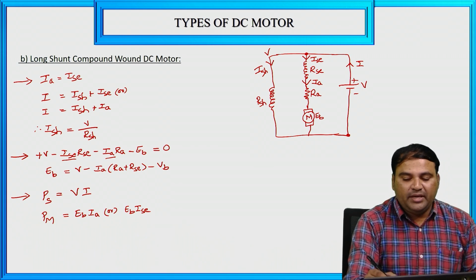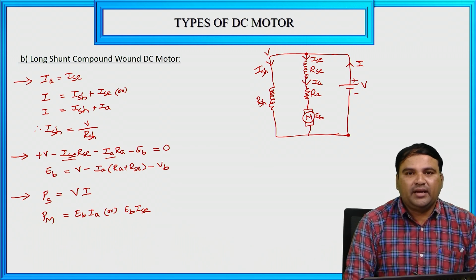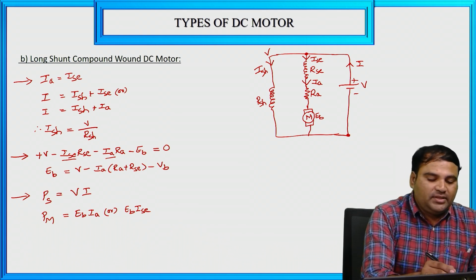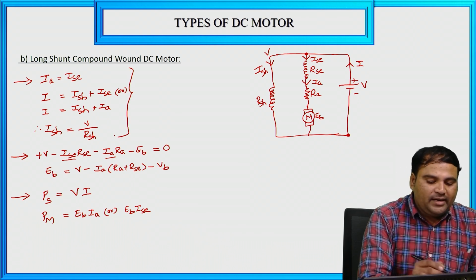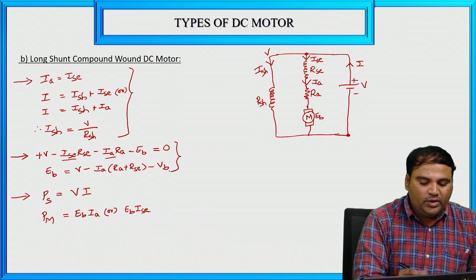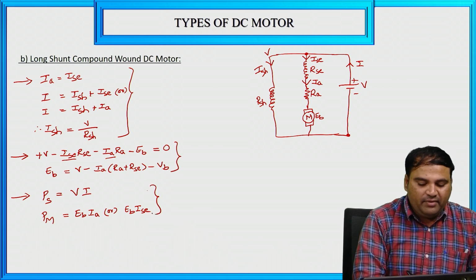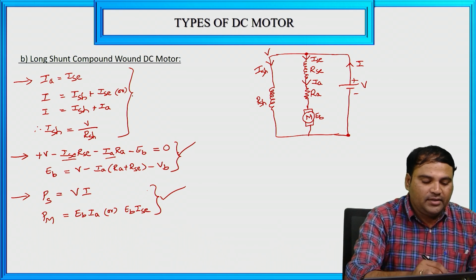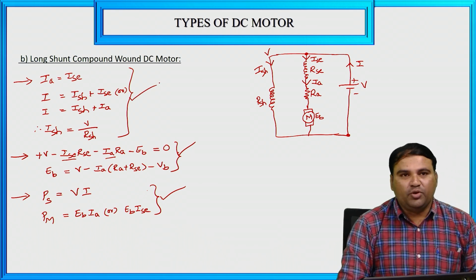So these are the current relation, voltage relation and power relation of the long shunt compound wound DC motor. Okay.